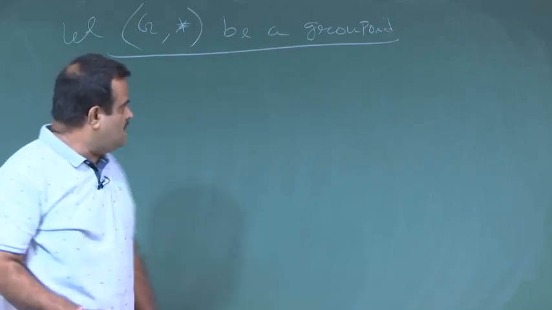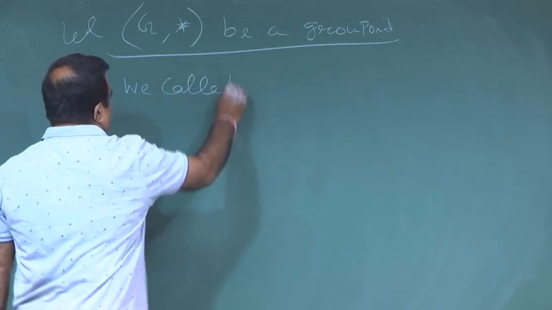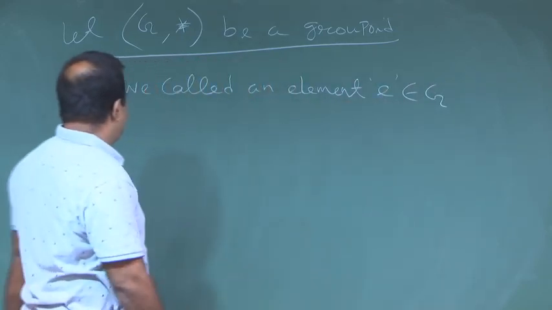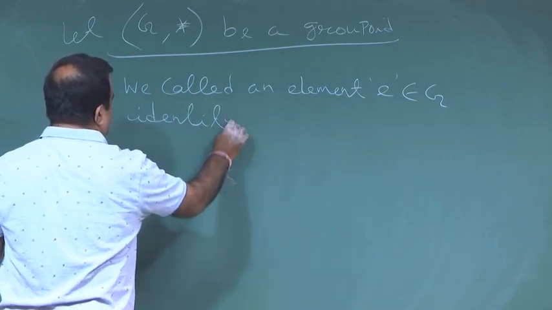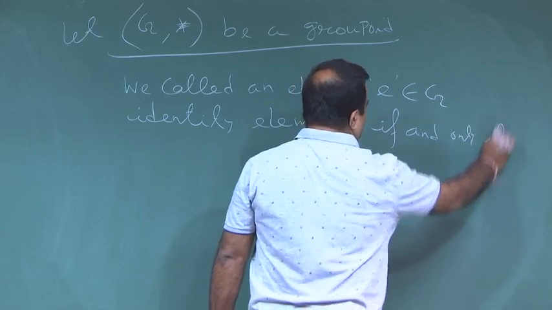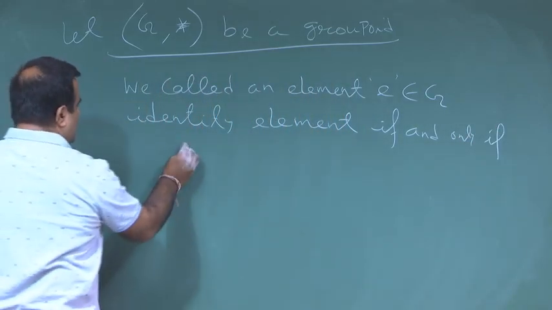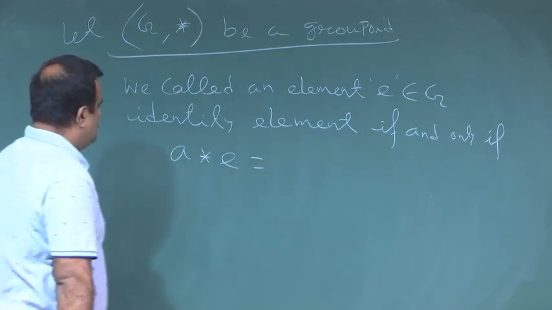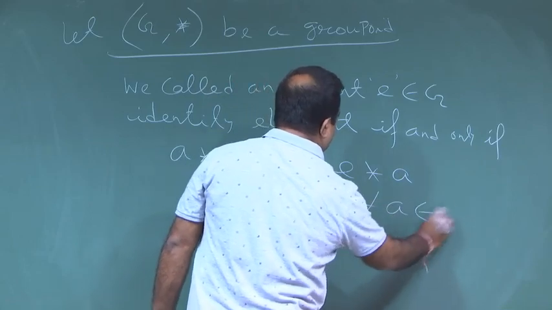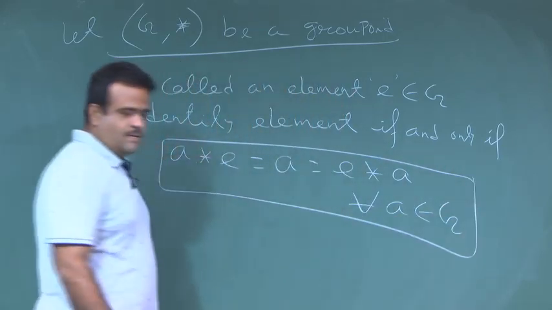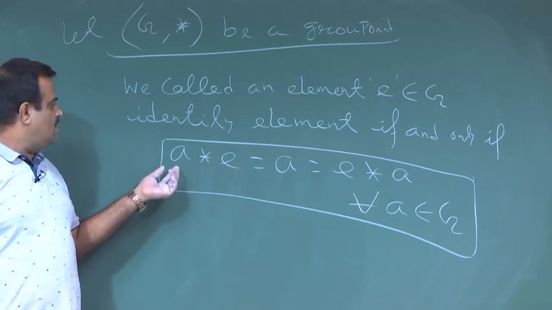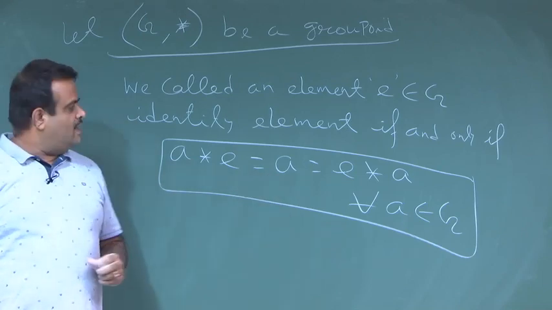We call an element E from G an identity element if and only if this property is satisfied: A star E is equal to A is equal to E star A, true for all A. If we take E and operate it with any element from G, it gives us the same element, and this works both ways.